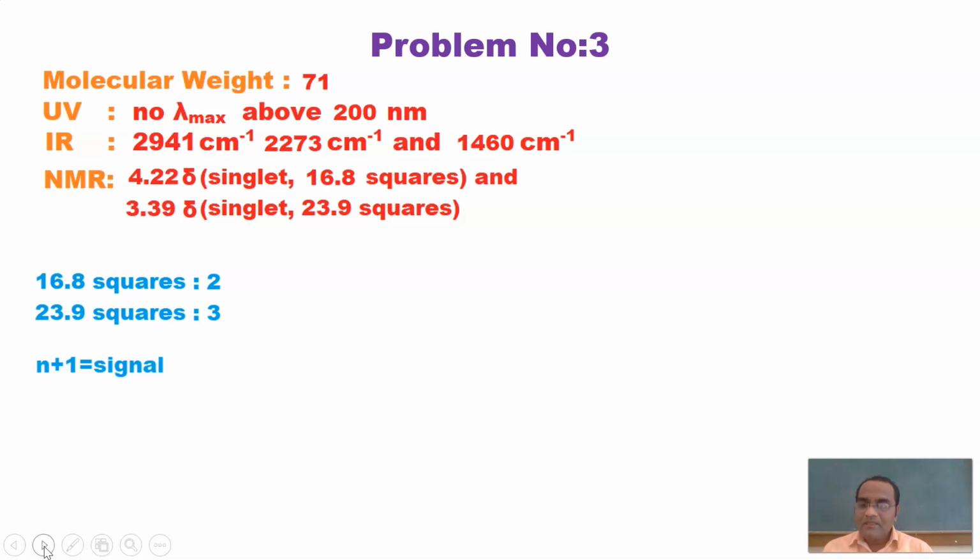So let us see. Both signals are singlets. A singlet means that the adjacent carbon is not having anything. So I will write the first carbon, and this carbon is giving a singlet. So the adjacent is not having anything, but itself it is having some hydrogens.